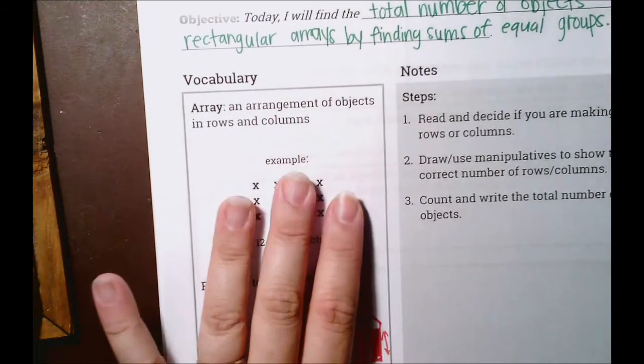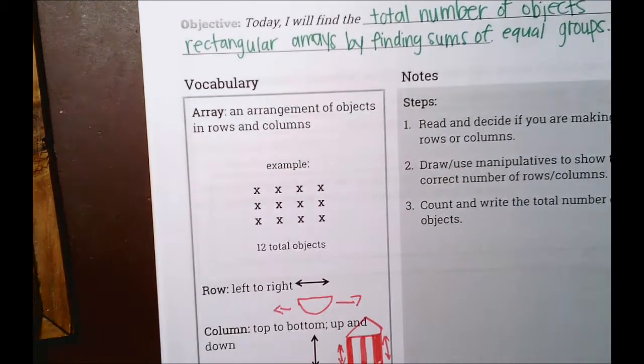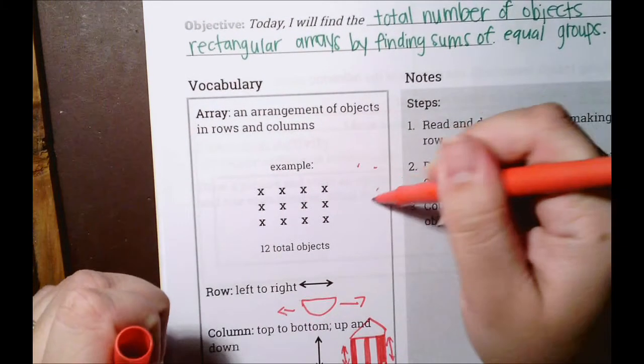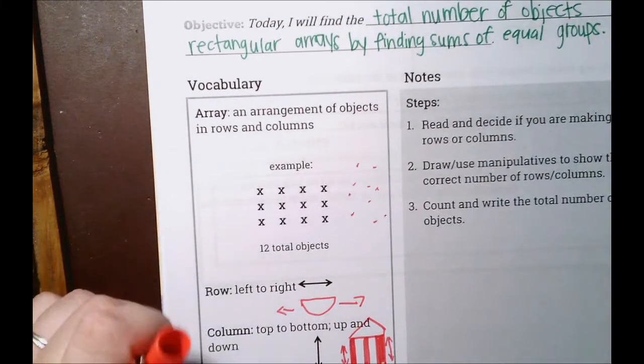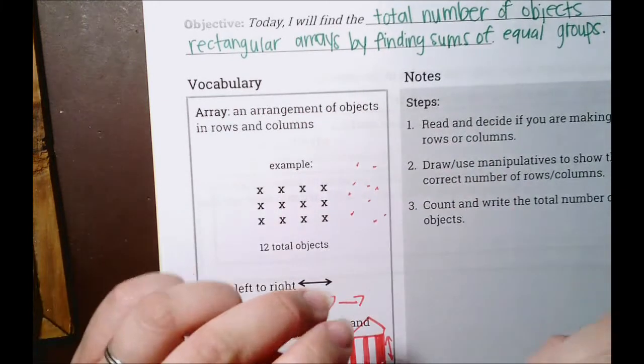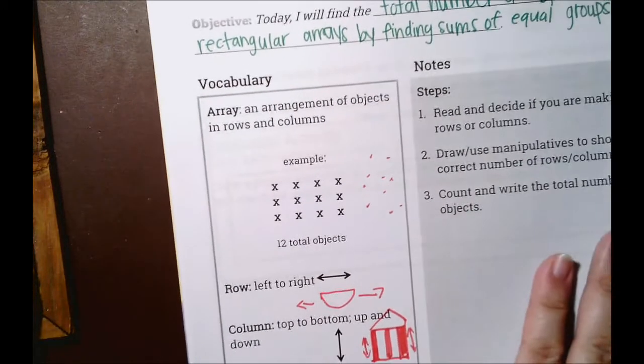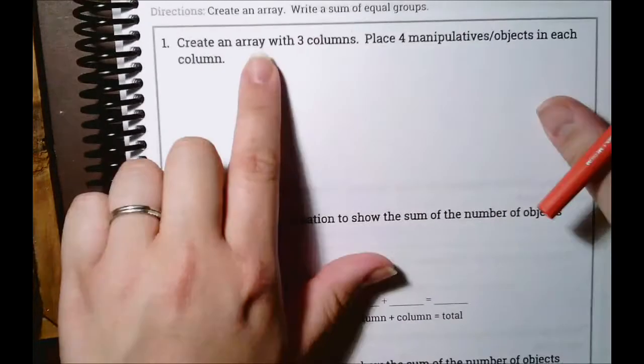Your objects are always organized in rows and columns when you're doing multiplication and making arrays. Okay, an array is not like this. That's not an array. Your arrays have to be organized in this way because it really just makes it easier either way.